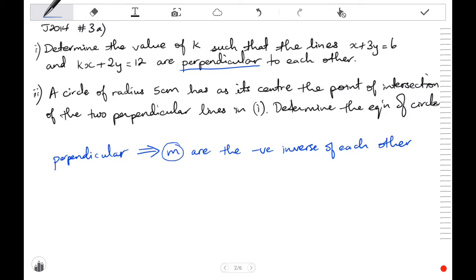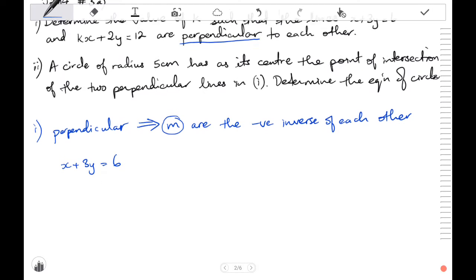Now look at what we are given in the question with regards to the two lines. The first line we have, the equation is x plus 3y equals 6. Right? Now I need to know, remember the question is with regard to perpendicular lines, so therefore I have to look at the gradients of the lines. So I need to figure out what is the gradient of this line.